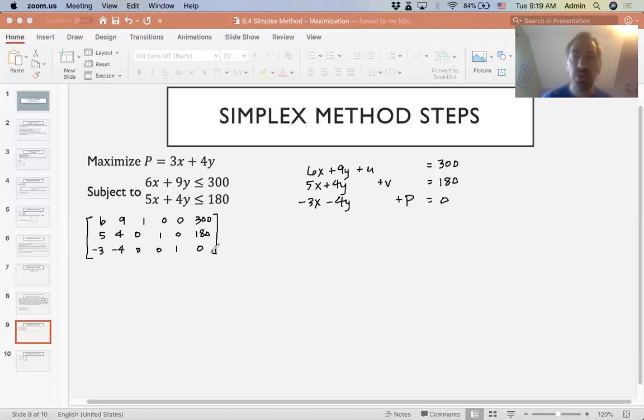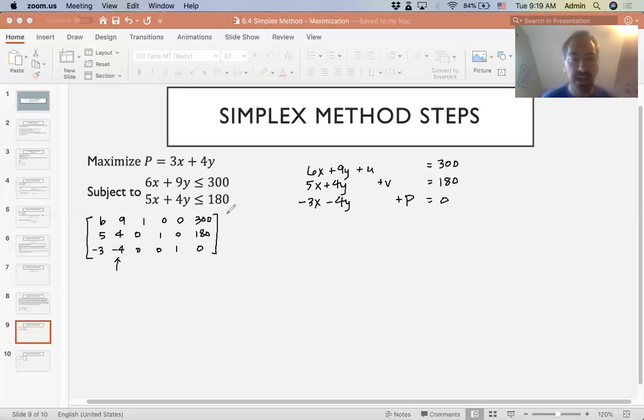And now we need to know what our pivot is. That's the most negative column and the smallest ratio. Okay, so our most negative entry in the last row is negative 4. All right, so we're using the second column.